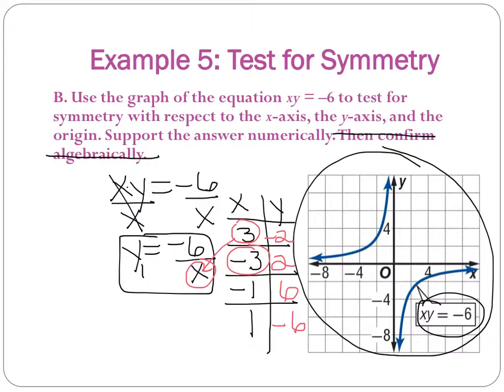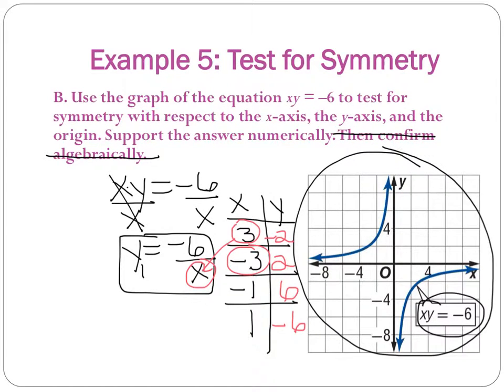Now, what I'm going to do here is look at my table of values. Since I have a pair of opposite x values that give me opposite y values, and the same with -1 and +1, they're opposite x values, and y values of 6 and -6 are also opposite.